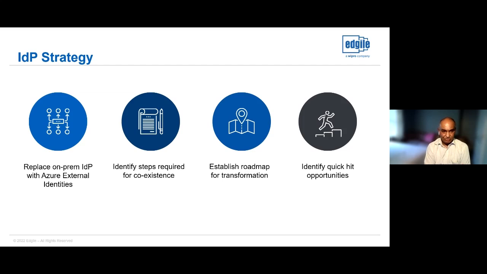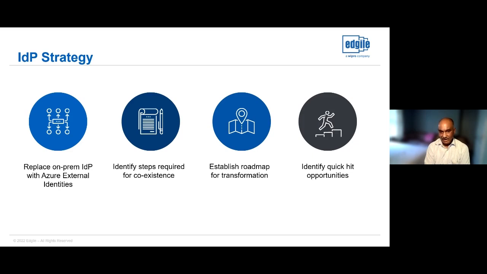So now we are moving on to the next step. The success of our cloud initiative led me to believe that we should look at our on-prem identity management for our external users. So we are engaged with Agile right now in a strategy to replace the on-prem IDP with Azure External Identities.